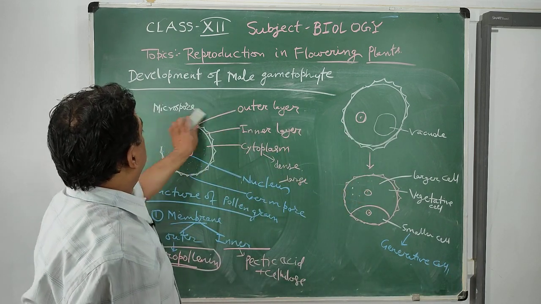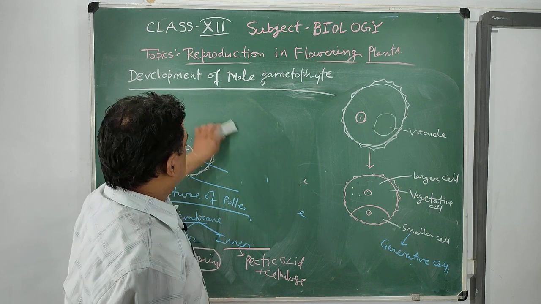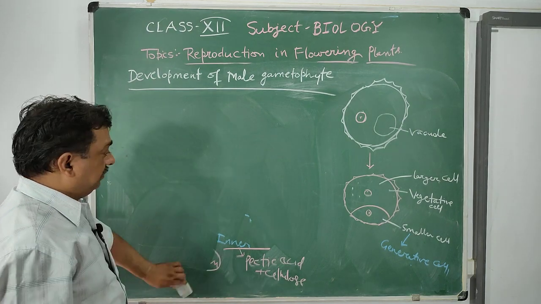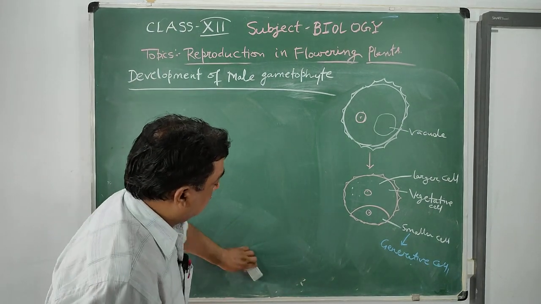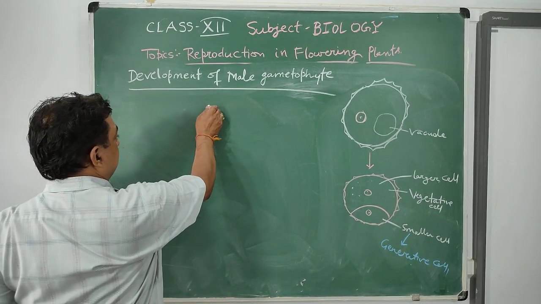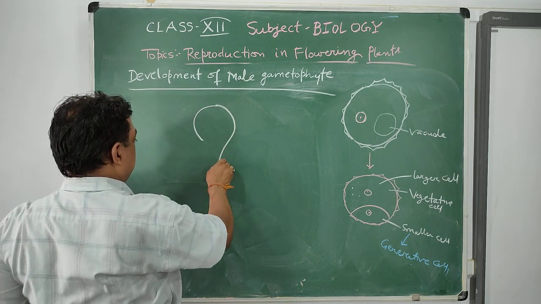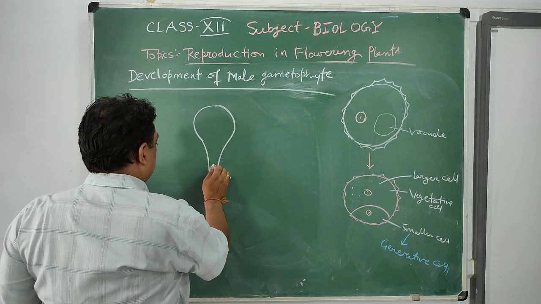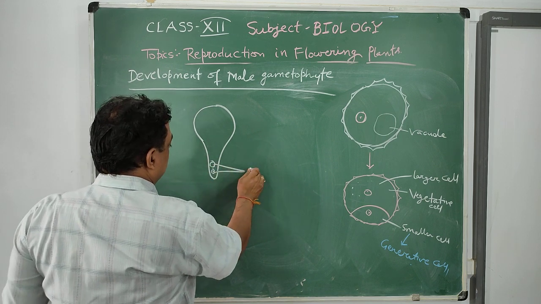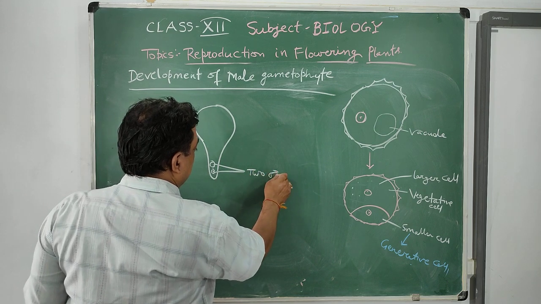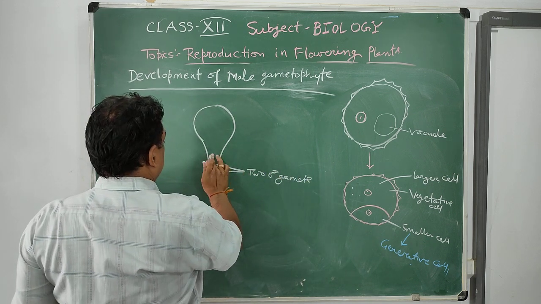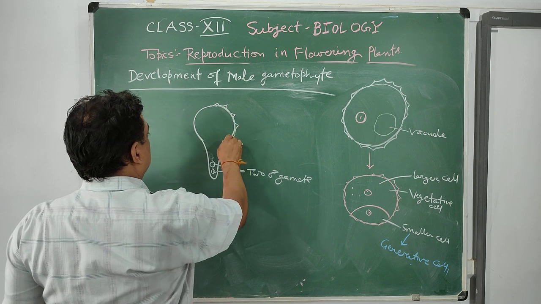There is no further growth of the vegetative cell, but the generative cell divides further to form two male gametes, and simultaneously the pollen tube is also produced. This stage is called the three-celled stage.